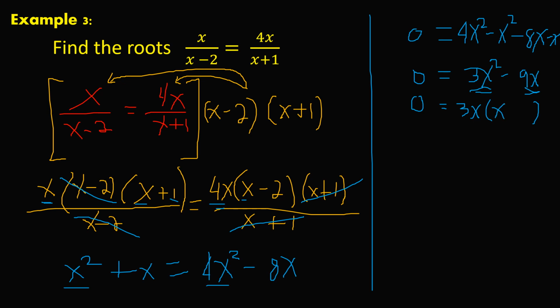And from negative 9x divided by 3x, the remaining factor is negative 3. Then equating each factor to 0, the first factor is 3x equals 0. Dividing both sides by 3, we have the first root, which is x equals 0. The other root of this equation is x minus 3 equals 0. Again, x is equal to 3.